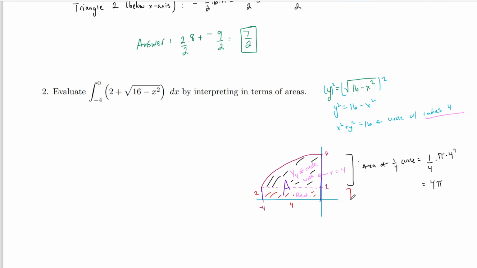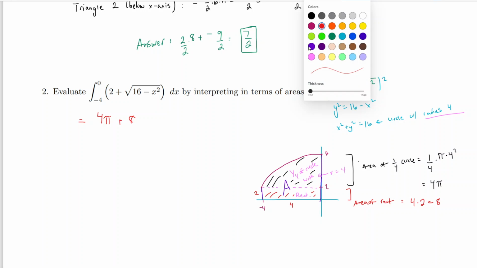So the area of the rectangle equals length times width, which is 4 times 2, and that is 8. And if we just add these areas together, we can't really combine them much, but that would be our total area, and that would represent the definite integral. So the answer here is 4 pi plus 8.